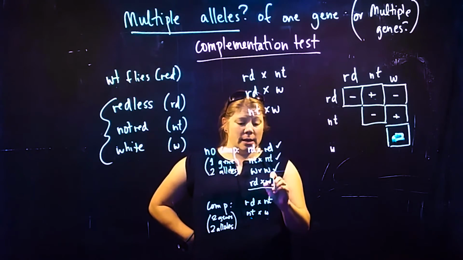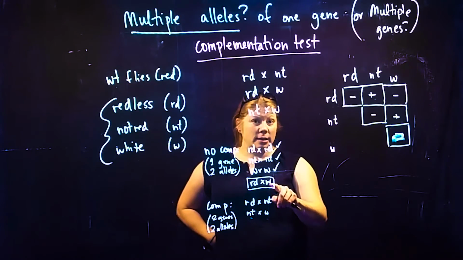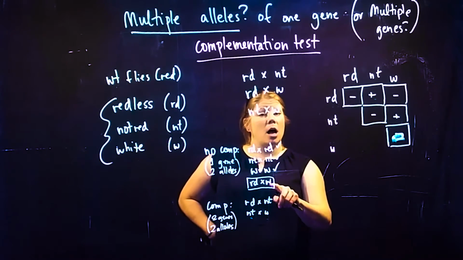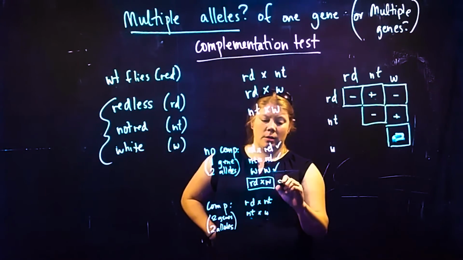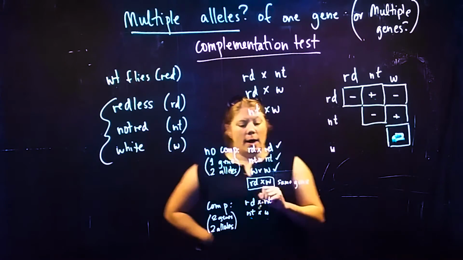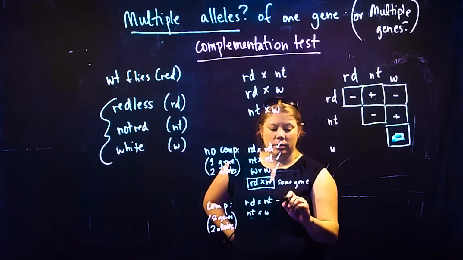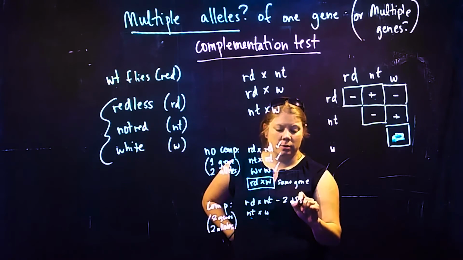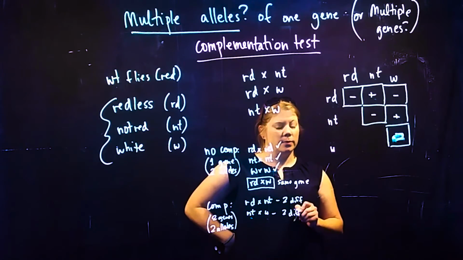So what this means is that RD, redless, and white must be alleles of the same gene. These have the same gene, while redless and not red are in two different genes, and not red and white are in two different genes.